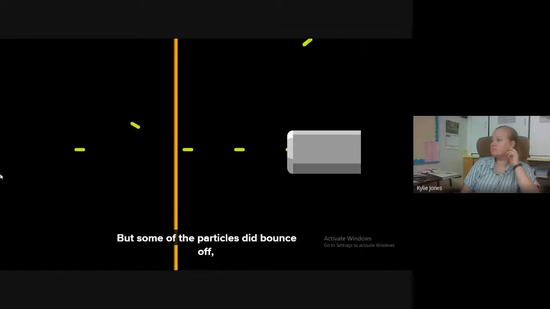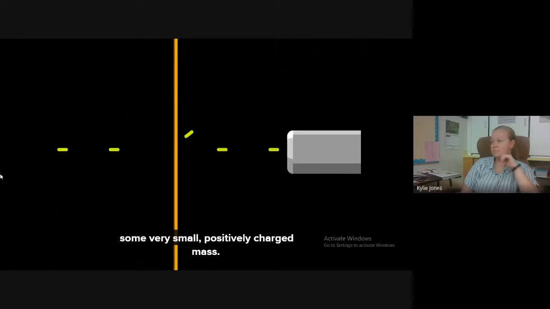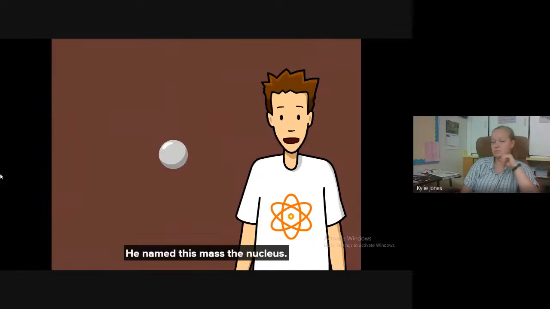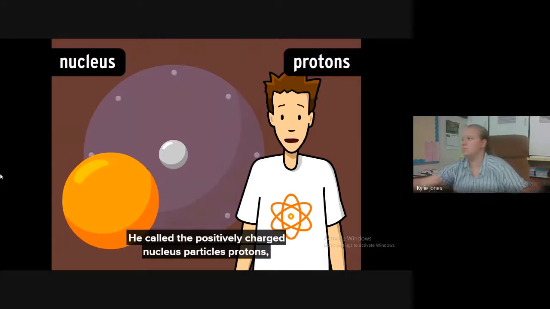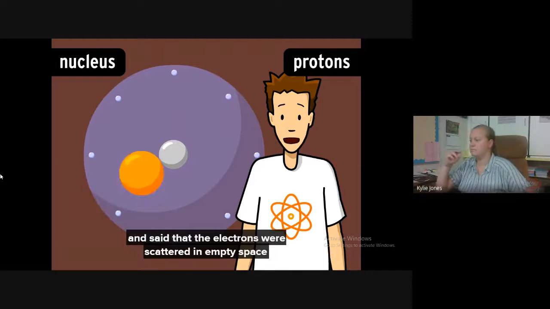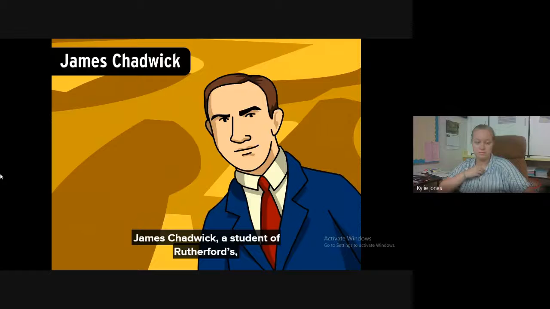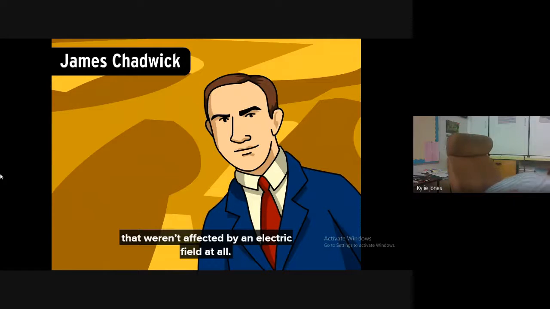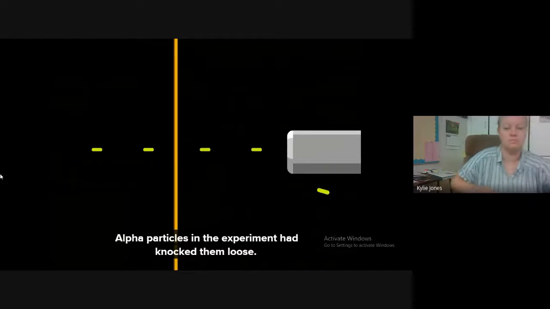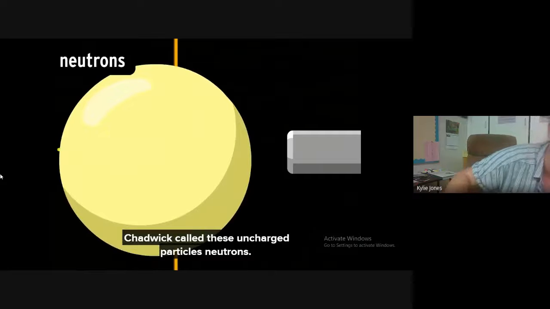But some of the particles did bounce off, so Rutherford revised his hypothesis to say that a gold atom must have some very small, positively charged mass. He named this mass the nucleus. He called the positively charged nucleus particles protons, and said that the electrons were scattered in empty space around the nucleus. James Chadwick, a student of Rutherford's, found new particles in the nucleus that weren't affected by an electric field at all. Alpha particles in the experiment had knocked them loose. Chadwick called these uncharged particles neutrons.